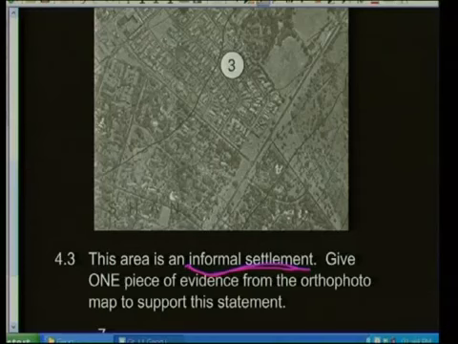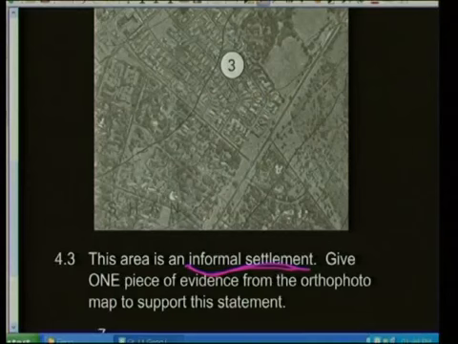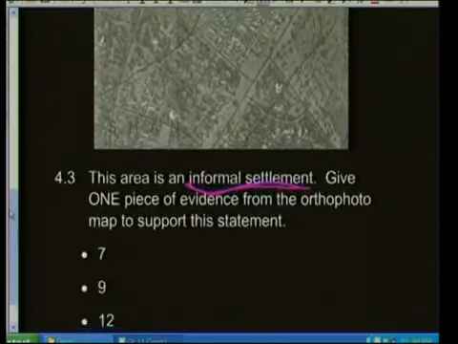Informal settlement. The old concept that you used to use before was the squatter camp, but the appropriate concept is informal settlement. Give one piece of evidence from the orthophoto map to suggest that this statement is true.